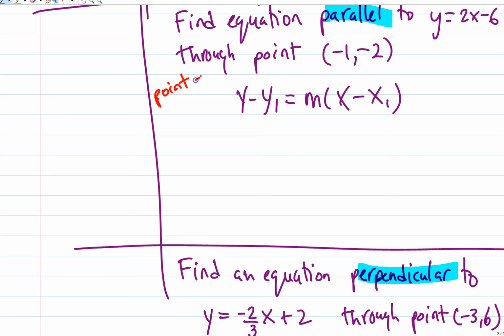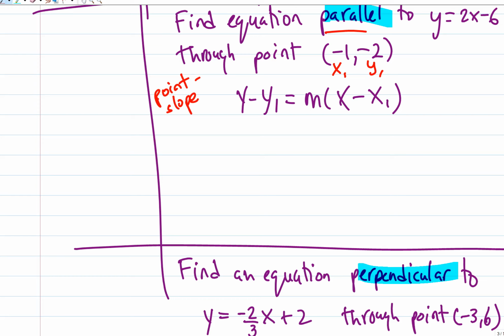To use this formula, I need a point and a slope. I see the point. That will be my x1 and my y1. That's the point, right? Where do I get the slope? They give you the slope when they say it's going to be parallel to this equation. What does parallel mean about the slope?